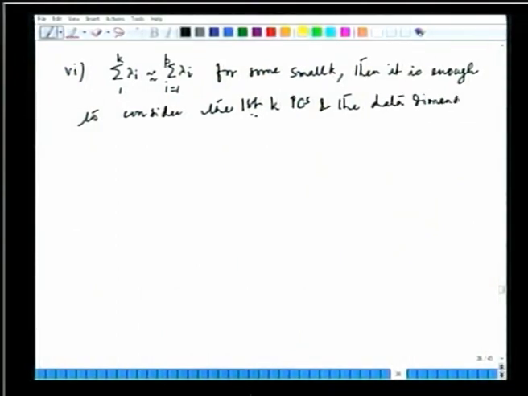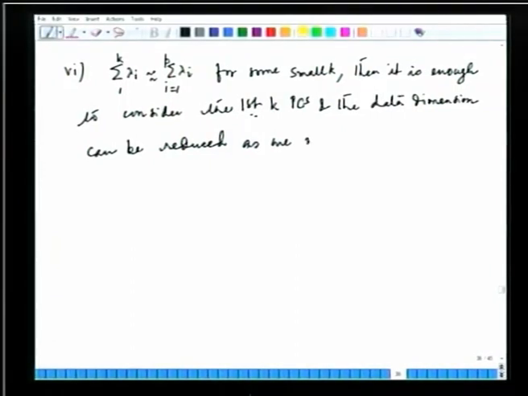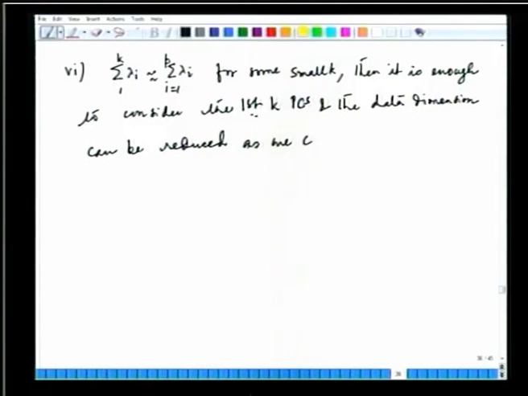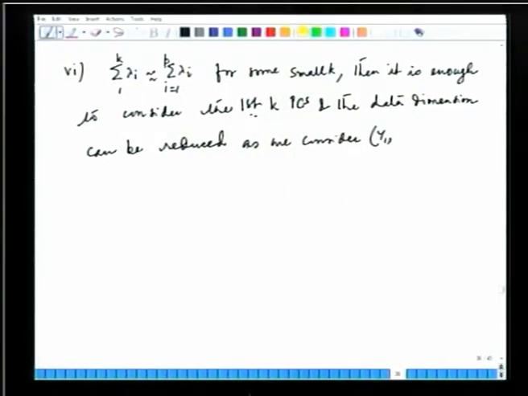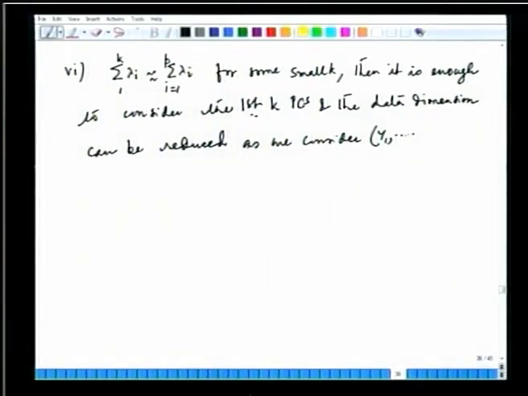That was our primary goal. The data dimension can be reduced as we consider a part of y, that is, as we consider now the k dimensional vector y1, y2 to yk, k is much smaller than p.